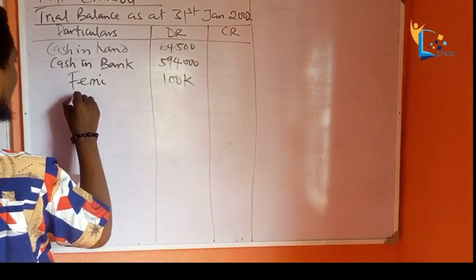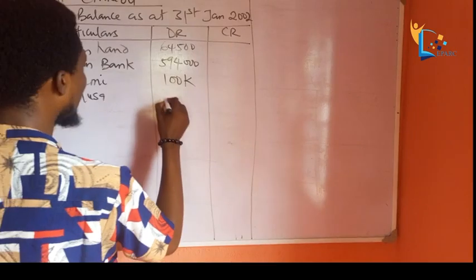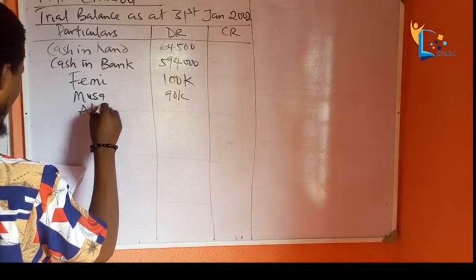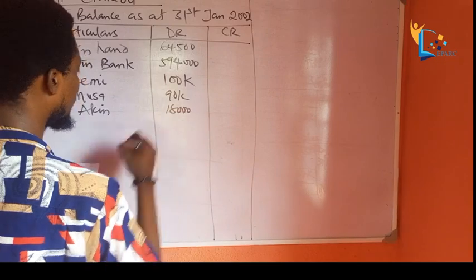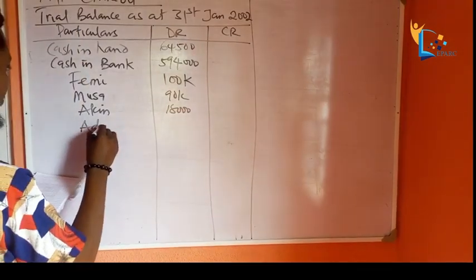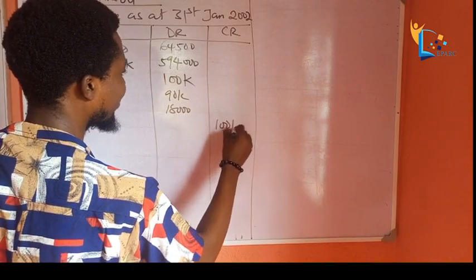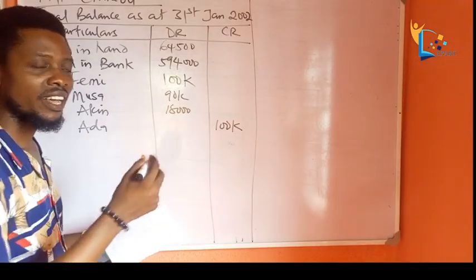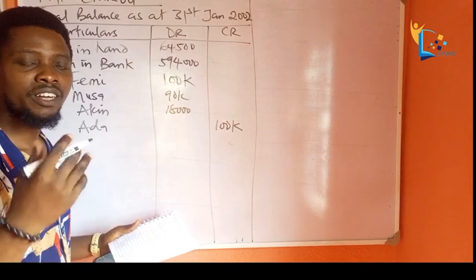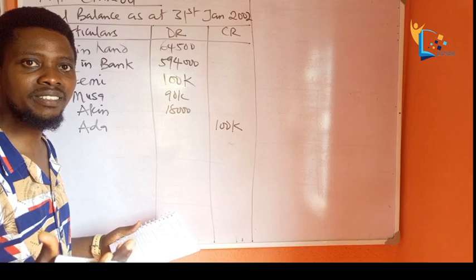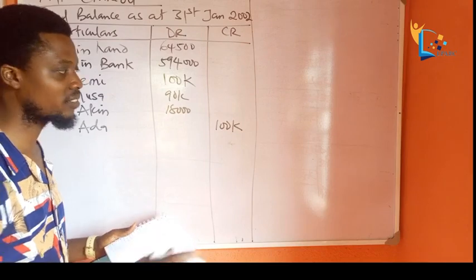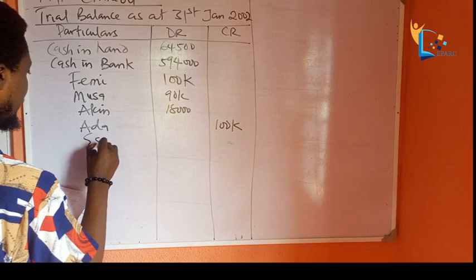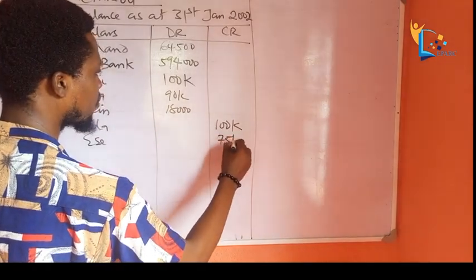Let's continue. So Musa is 90K. Akin is 18,000. Ada is 100K. Ada is a creditor, somebody we are buying from. We are owing her 100K, and in our balance sheet, creditors are short-term liabilities. That's why you see them here. Then we have AC, 75K.